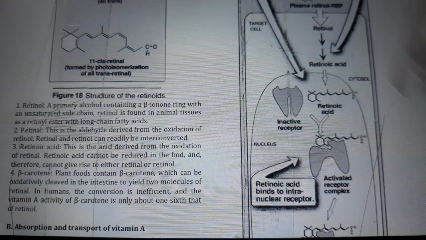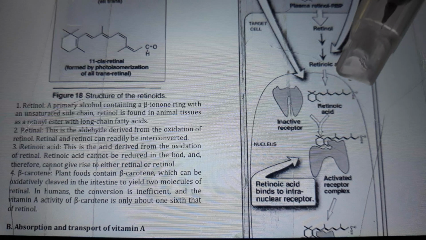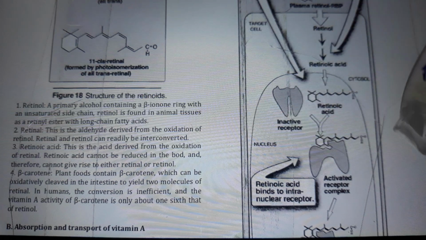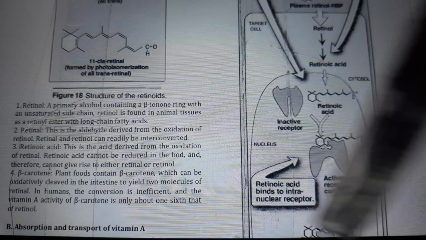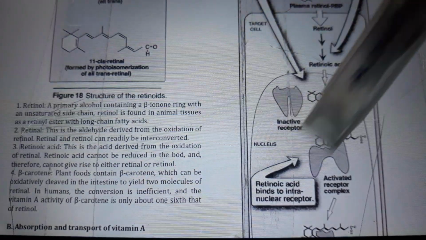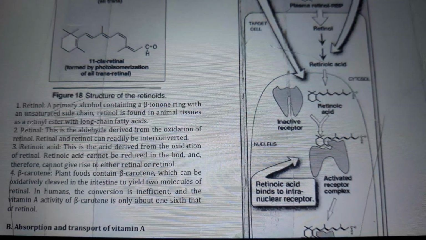And all of this side is the target cell. And in the other cell, it moves into the retinoic acid along with an inactive receptor. Then an activated receptor complex is formed whereby retinoic acid binds to the intranuclear receptor.